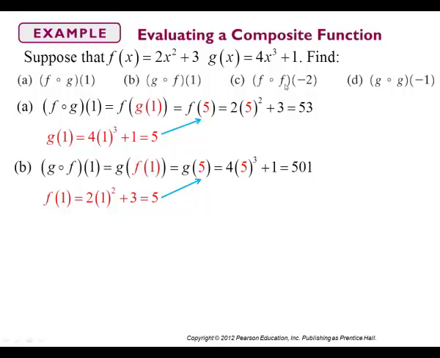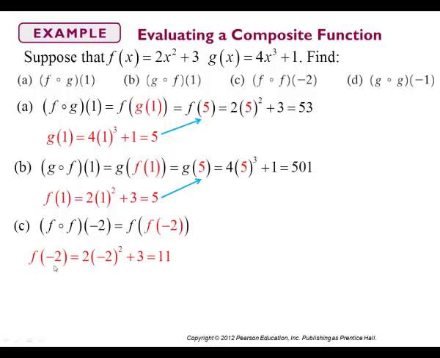Okay, part C, f of f of negative 2. Now, basically, we put f within itself. So what do you think we need to do first? Okay, you should have said that we're going to take negative 2 and put it in f of x. And so we do that and we get 11.